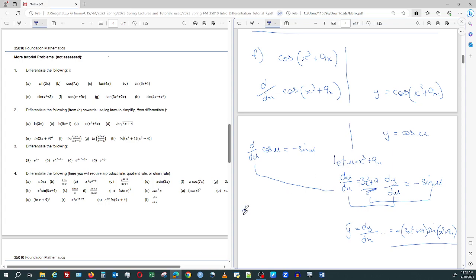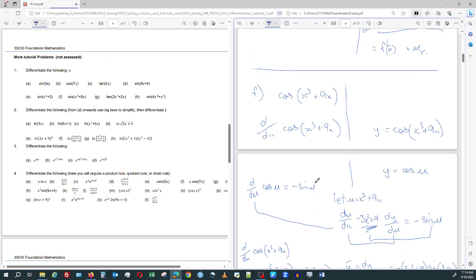So the d dx of cos of x cubed plus 9x is equal to, putting the chain together, minus 3x squared plus 9, sine of x cubed plus 9x. Same thing.